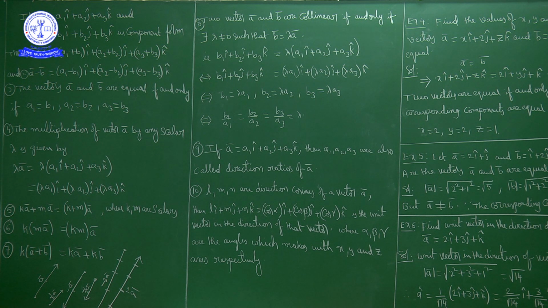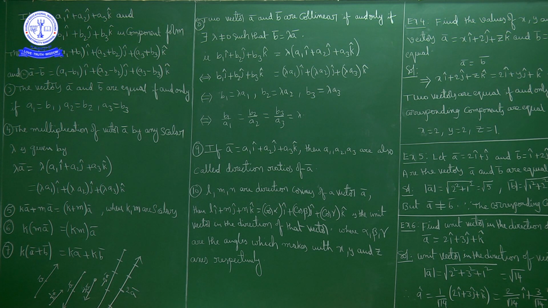Next, the difference of A bar and B bar, that is A bar minus B bar. Now for A bar minus B bar, you have to write the difference of corresponding components, that is A1 i cap minus B1 i cap, nothing but A1 minus B1 into i cap, plus the difference of these two, that is A2 j cap minus B2 j cap, nothing but A2 minus B2 into j cap, plus A3 k cap minus B3 k cap, nothing but A3 minus B3 into k cap.